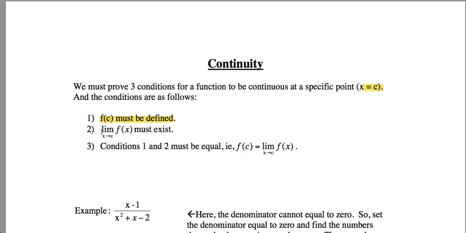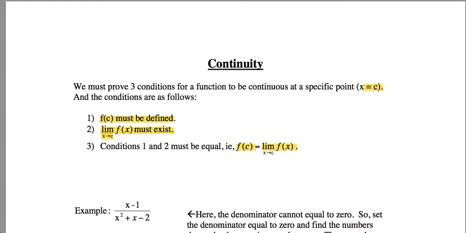The limit must exist. We must zoom into the same place. So if I go left to right, it must zoom in the same area. And then finally, the function value must zoom into that same y value that you found when you did step 2.